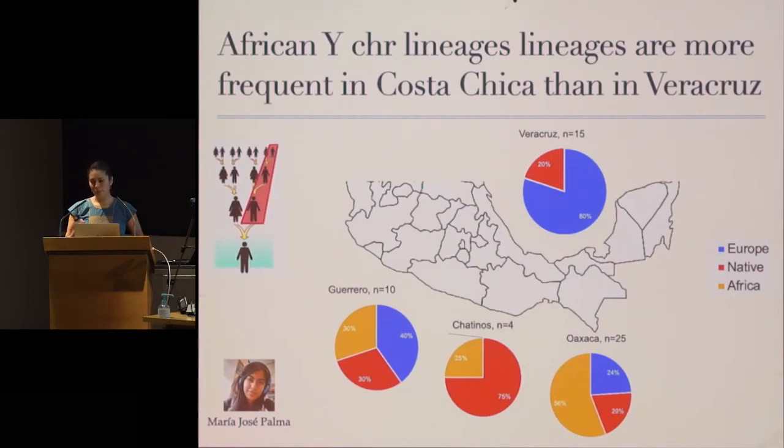Of course this can be a bit biased because we had fewer males in the study, but still it showed a striking difference. So again, this reinforces the idea that it was mostly men who went or were forcibly taken to Costa Chica for forced labor.